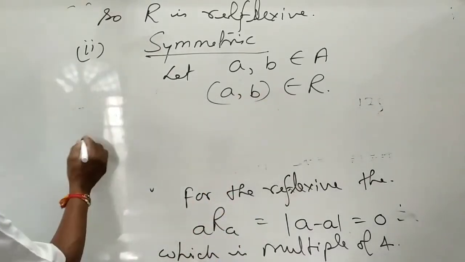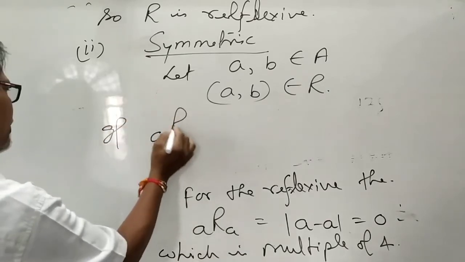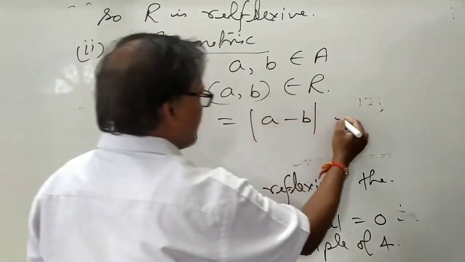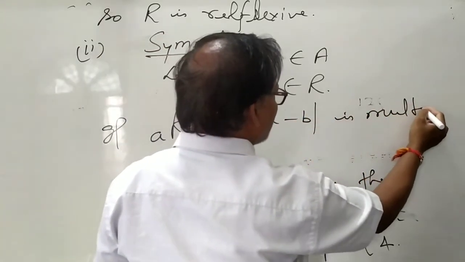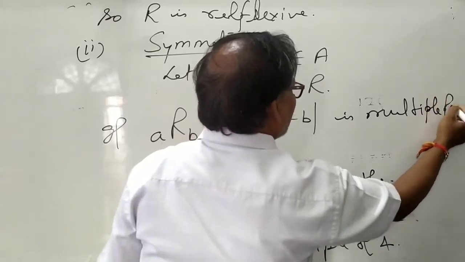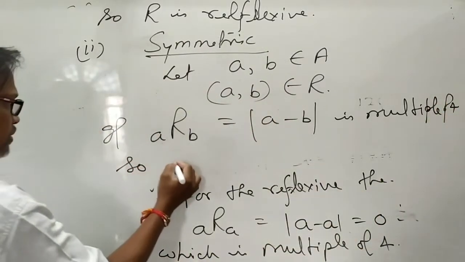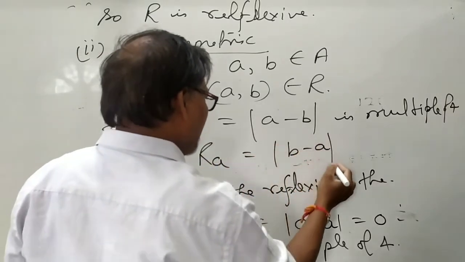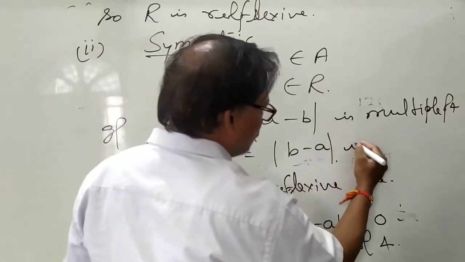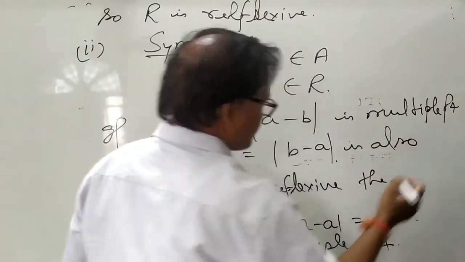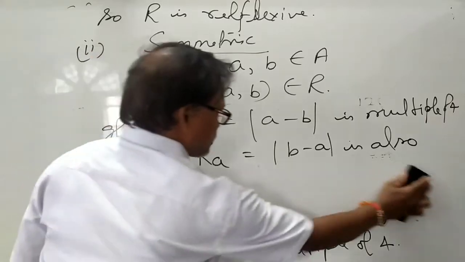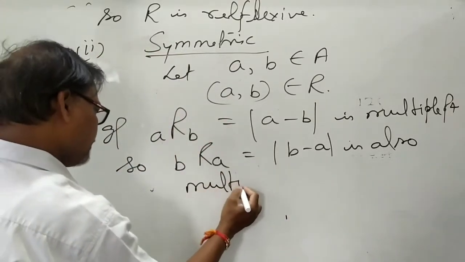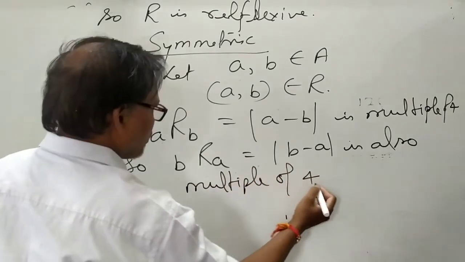How to show? If ARB means A minus B is a multiple of 4. So can you say BRA, means B minus A, will also be a multiple of 4?